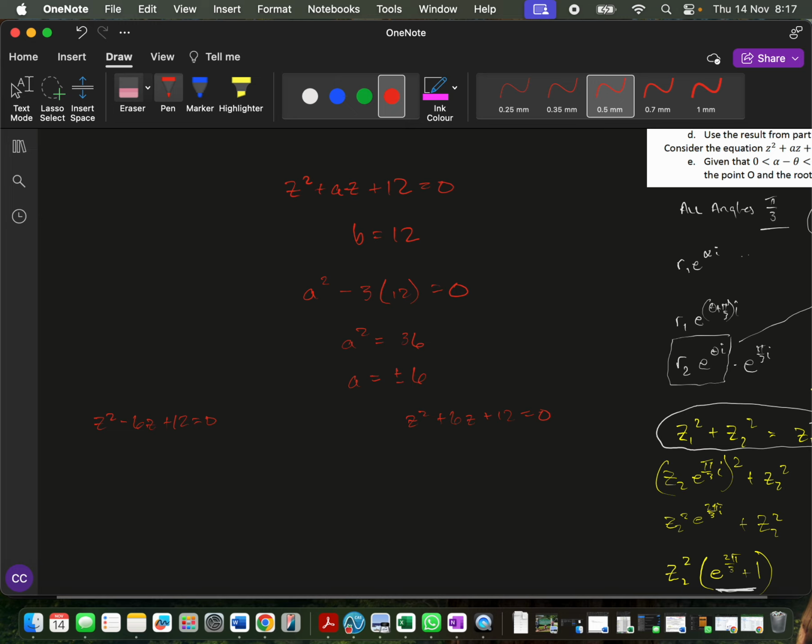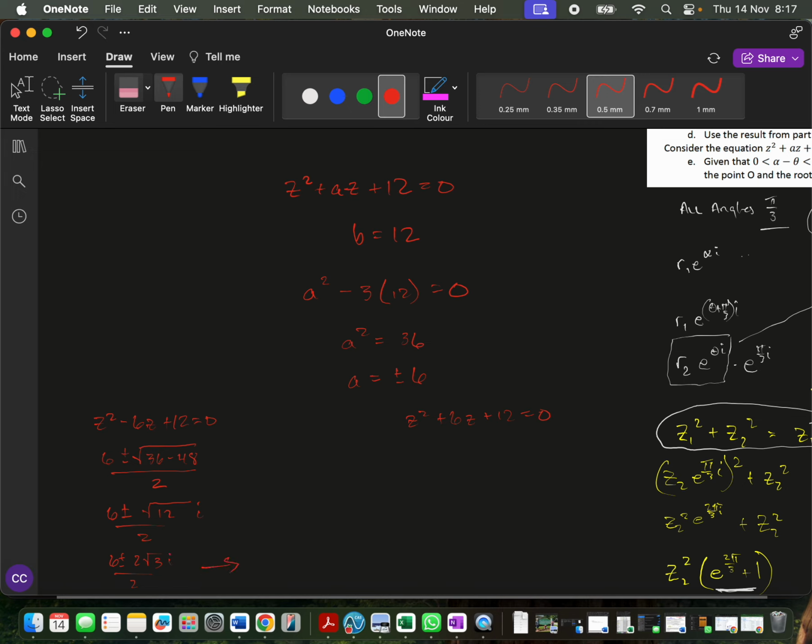That doesn't factor. I can't think of two numbers that multiply. No, that doesn't factor, so we have to use the quadratic formula. So 6 plus or minus the square root of 36 minus 48, all over 2. So that's 6 plus or minus the square root of negative 12 over 2, which is 6 plus or minus 2 square roots of 3 i, all over 2.